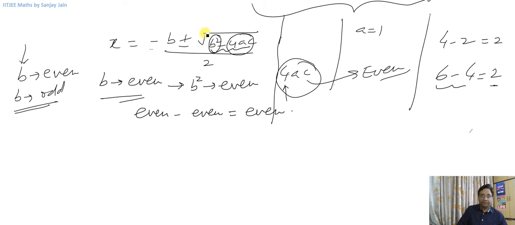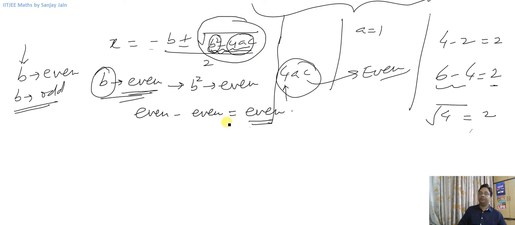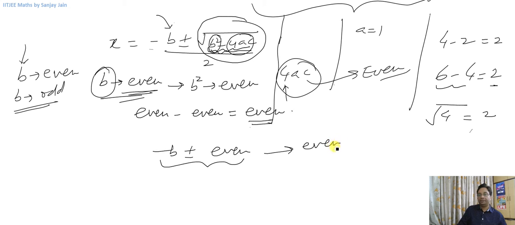So now I have shown you that this expression under the radical sign is an even number in case I started with b being even. Now you can see that the square root of an even number is also even. So this number here is even and b is an even number. So minus b plus minus an even number will also give me an even number.